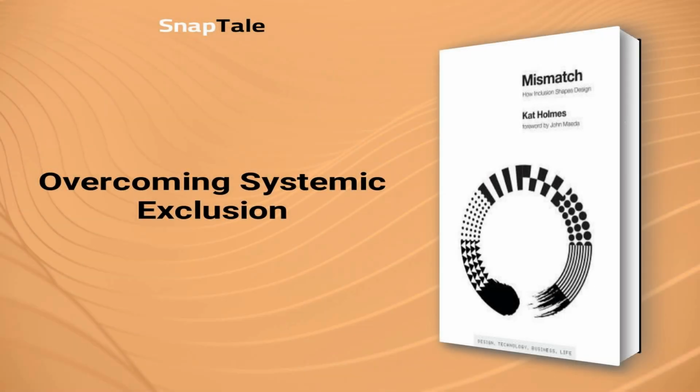Overcoming systemic exclusion. Systemic exclusion has been present throughout history, impeding certain groups from accessing resources, jobs, and even housing. However, this cycle must come to an end, and inclusivity should be prioritized early on in any design or solution. Inclusivity leads to better products by including a wider range of perspectives and ideas.